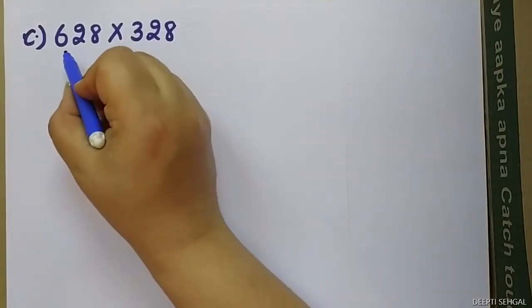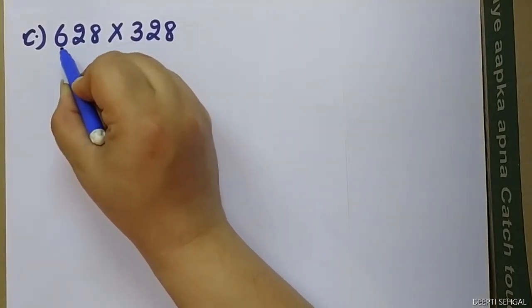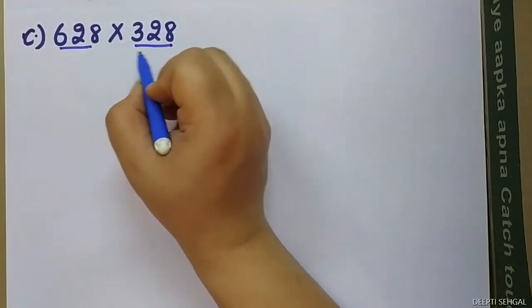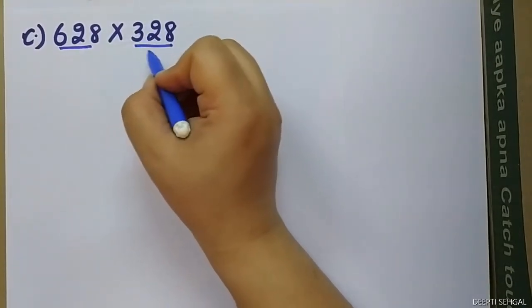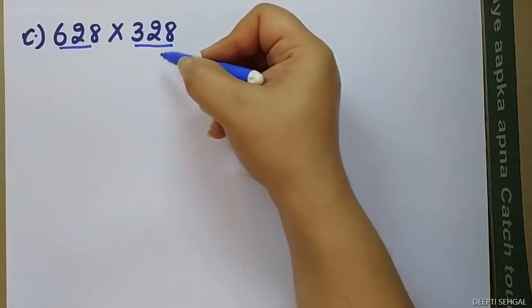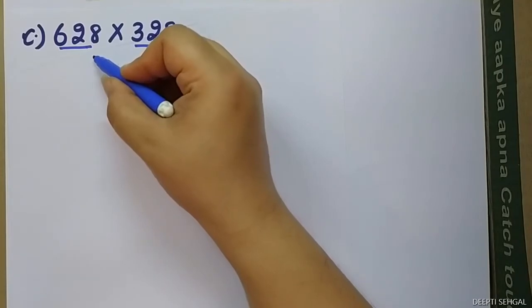Okay. Now these are again 3-digit number multiplication. So we are multiplying a 3-digit number by a 3-digit number. Now we will see which is smaller. It is smaller, so I will prefer to write this under it and this on top.